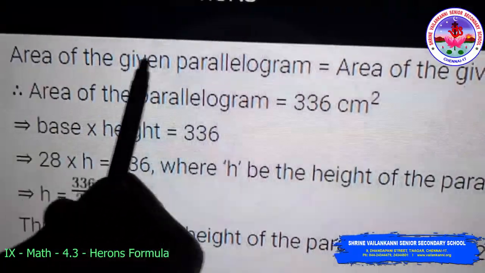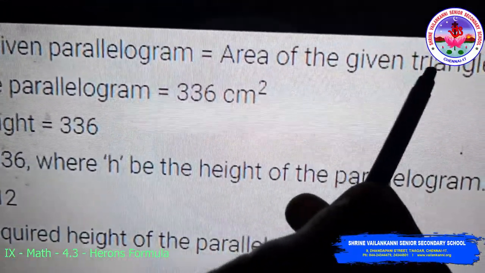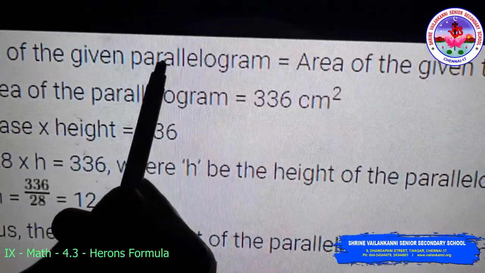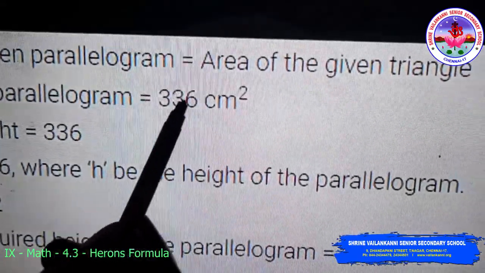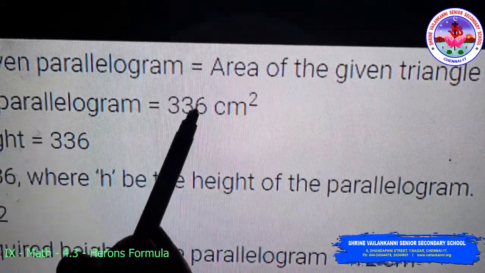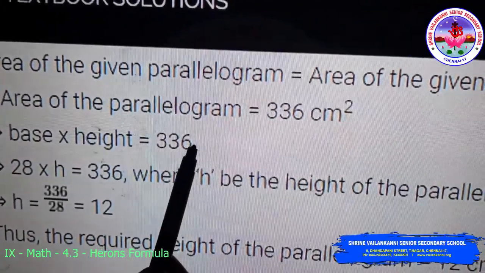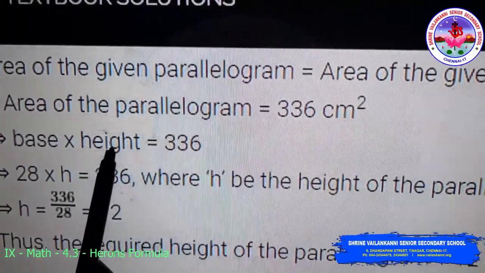It is given that the area of the parallelogram is equal to the area of the given triangle. So the area of the parallelogram is equal to base into height, and the area of the triangle I am substituting here, which is equal to 336. So we get base into height is equal to 336. We need to find the height of the parallelogram.